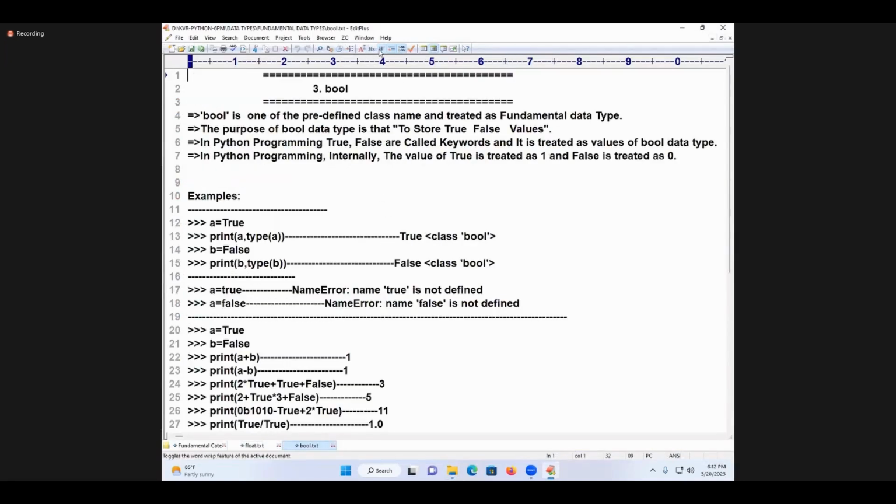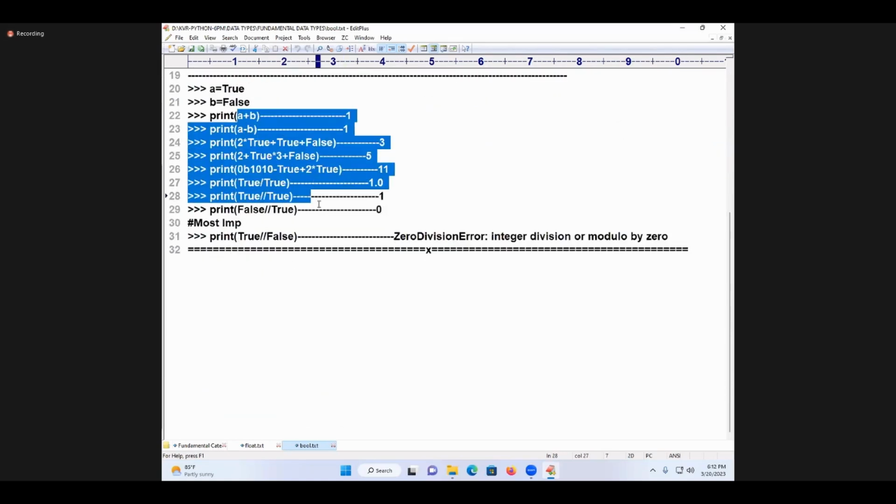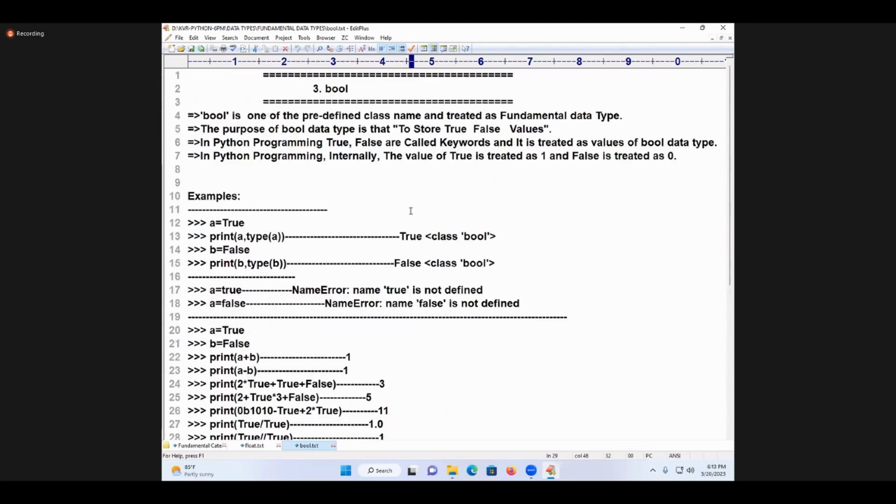The most important point covered is that the internal value of true is 1 and false is 0. And Boolean arithmetic, like A plus B, A slash B, and different types of Boolean arithmetic were also performed. These are the different things we completed.